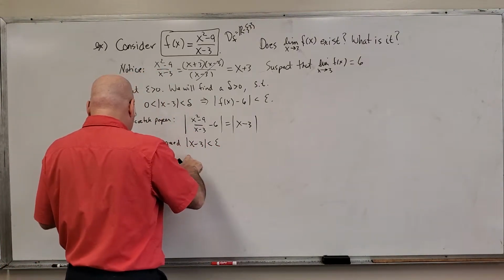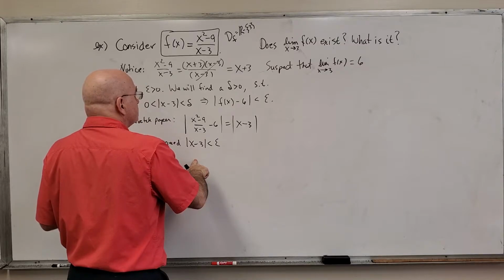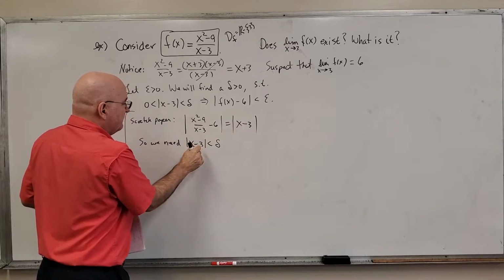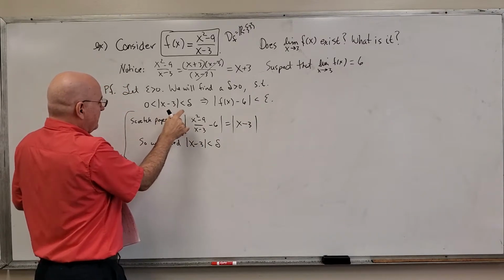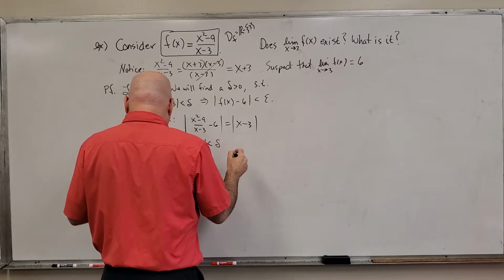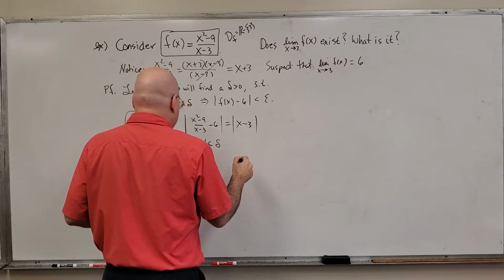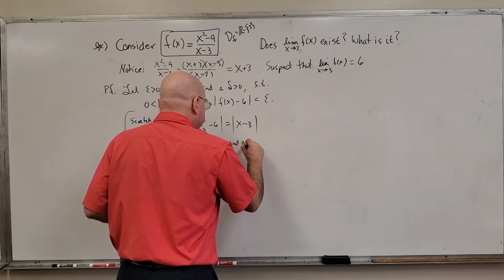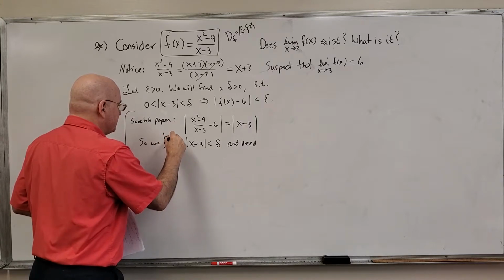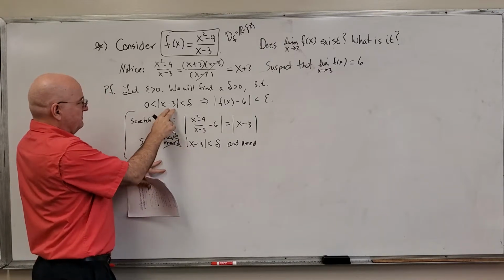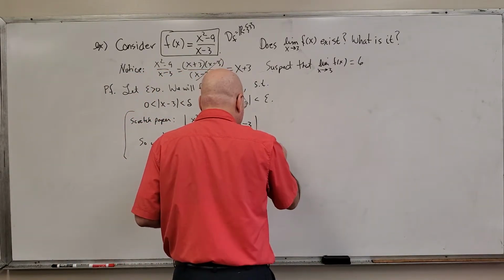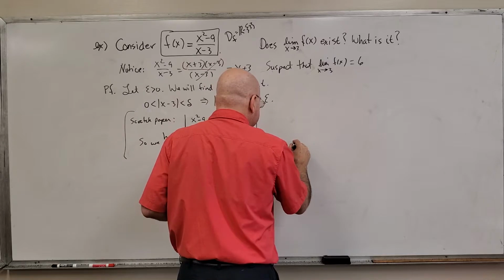This part comes from here, and we need this to imply the same thing to be less than epsilon.